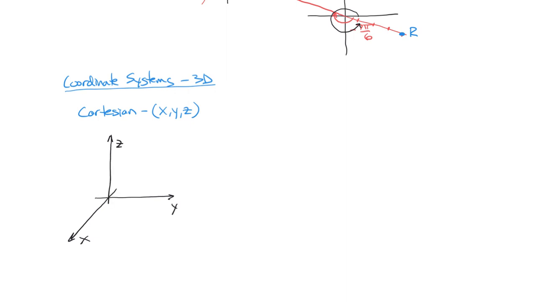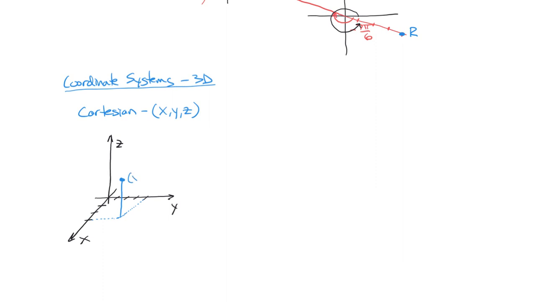So the way this works with a 3-dimensional Cartesian system, it's pretty much what you would expect. So you could come out here along the x-axis, come out here along the y-axis. So let's say you come out to this point here. You come out here. Then you just go up.